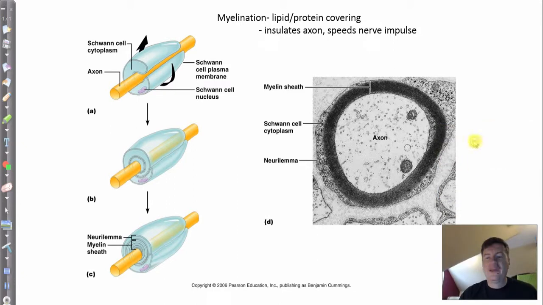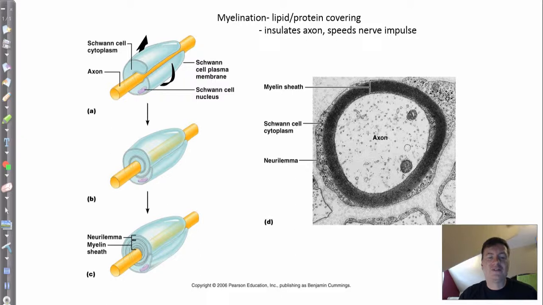Okay. This slide is getting at a little bit of why we have this fatty covering that oligodendrocytes make, or Schwann cells make. This fatty covering is called myelination. And what we're trying to show you here is this is the axon. This is that long extension that comes out of a neuron's cell body. Because of Schwann cells in the peripheral nervous system or oligodendrocytes in the CNS, you can develop this kind of jelly roll covering that completely surrounds a part of an axon.